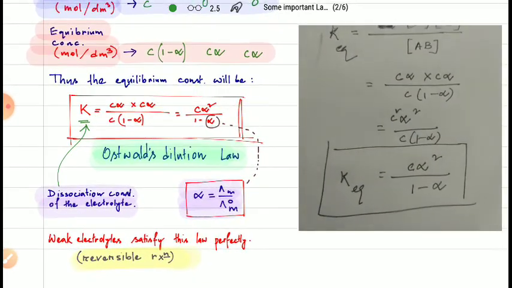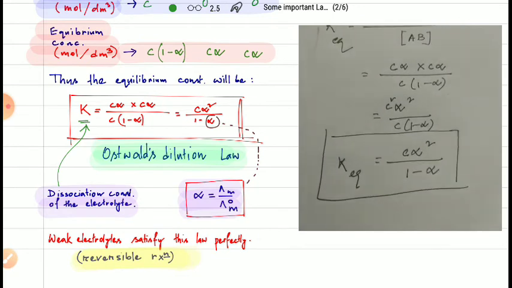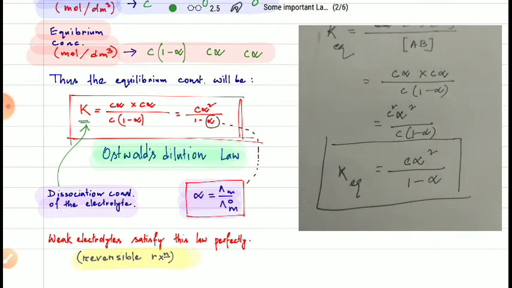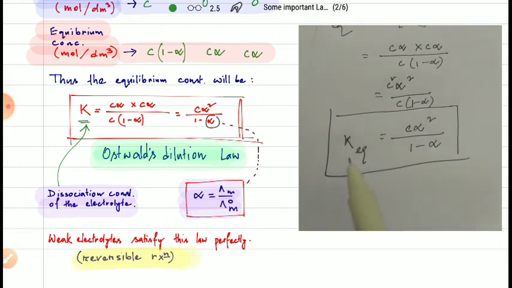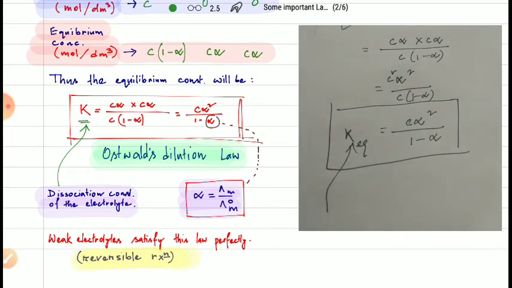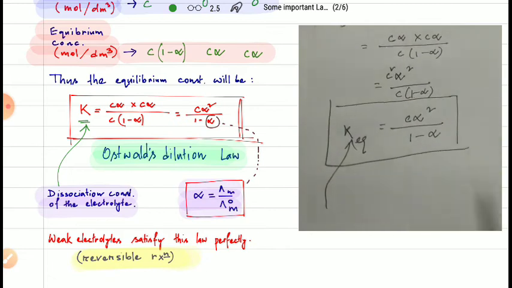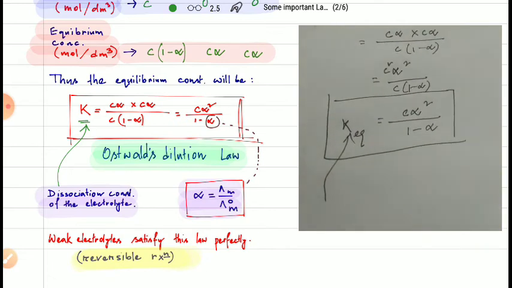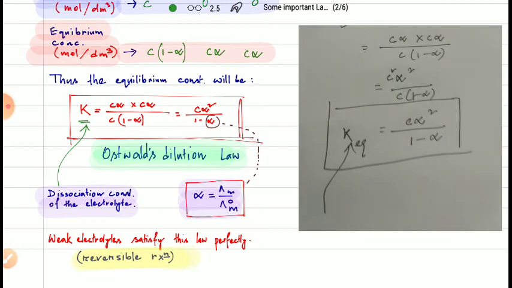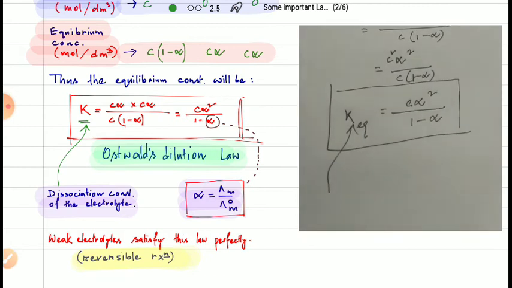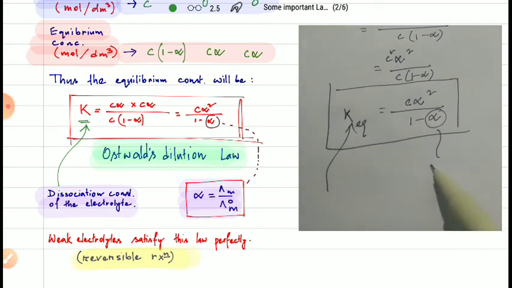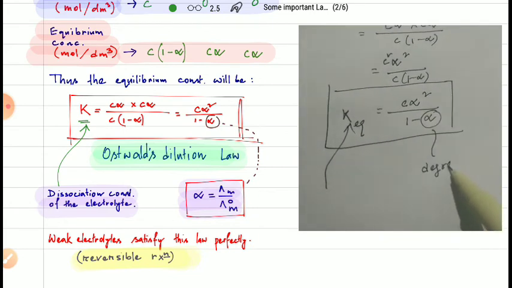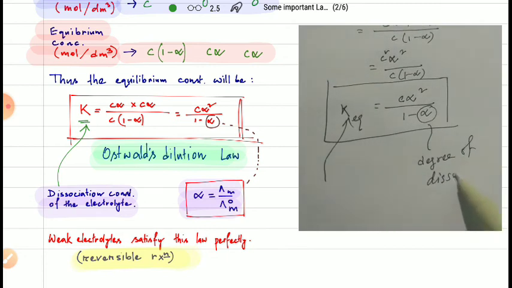If you see the presentation, the PDF, you will know that this K equilibrium is the dissociation constant of the electrolyte, and this alpha is the degree of dissociation.